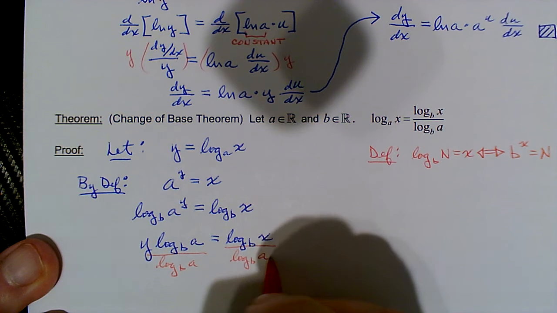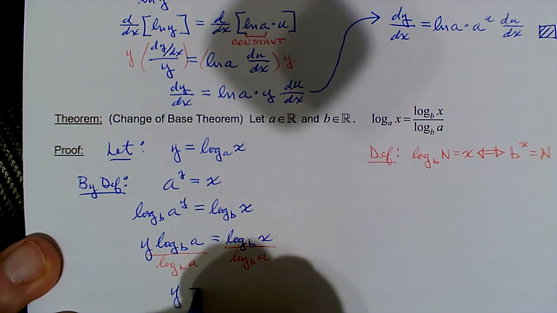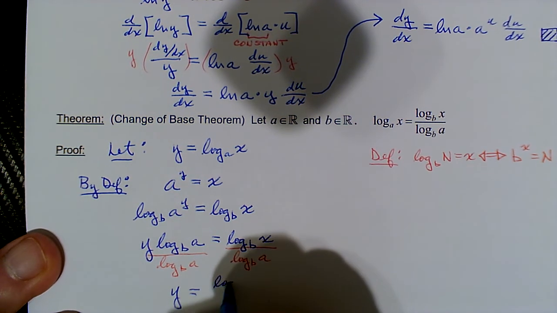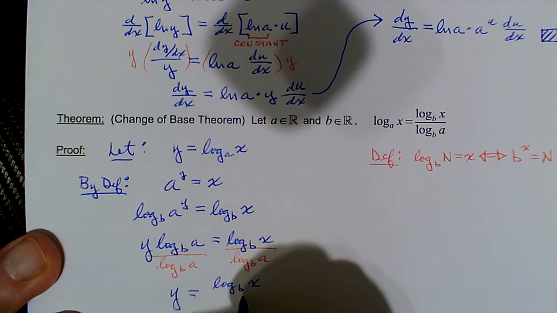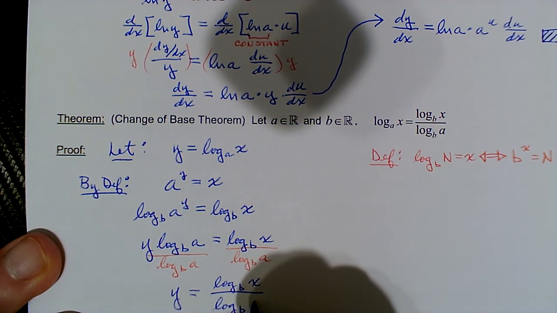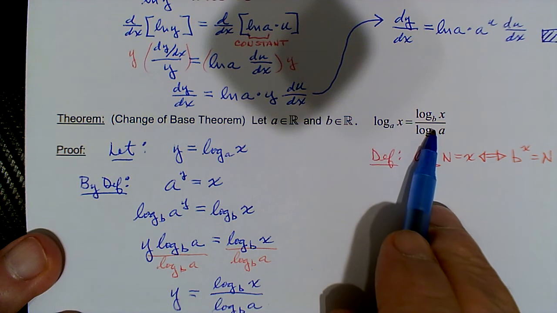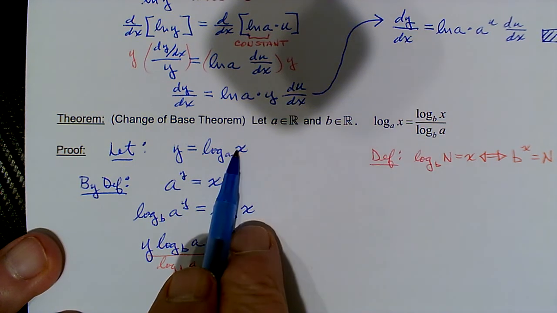And so now we have that y is equal to log base b of x over log base b of a. And that basically proves it, because we've shown that y is the right-hand side, and we had started with y equaling the left-hand side.